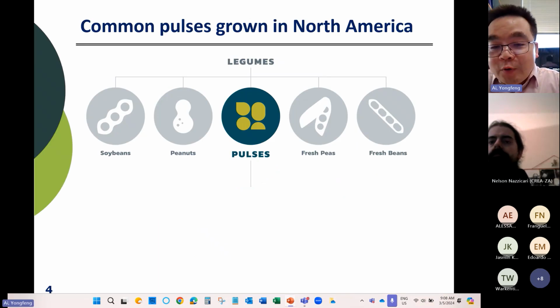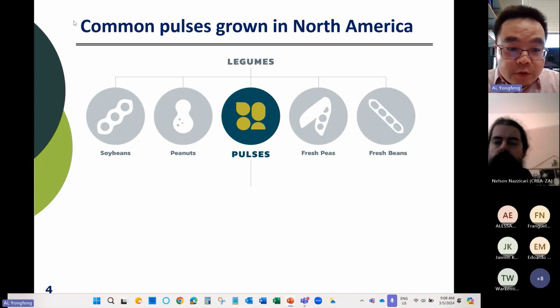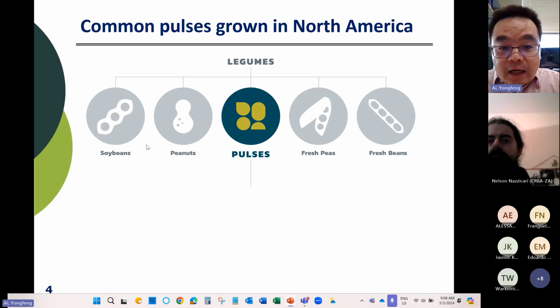Pulses are a very important group of crops we grow in Saskatchewan, in North America, and also in the world. Pulses are defined as the dry edible seeds of crops in the legume family. They are different from soybean and peanut, because soybean and peanuts are primarily grown for oil extraction.